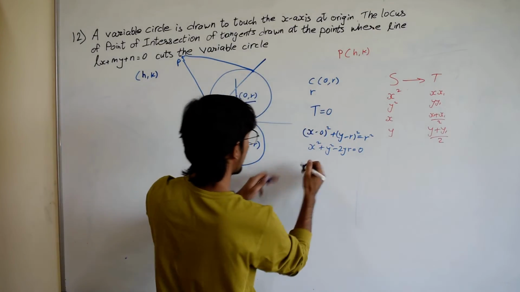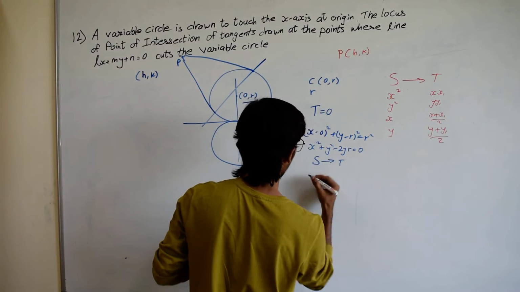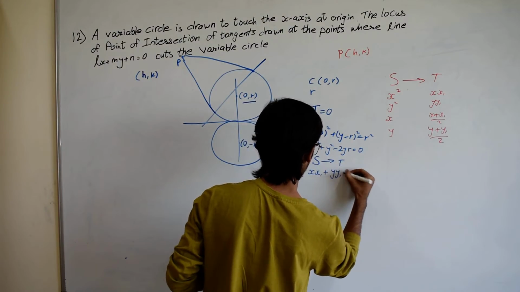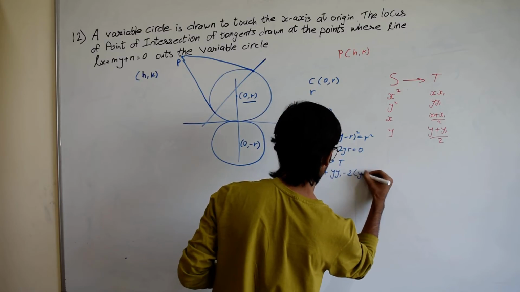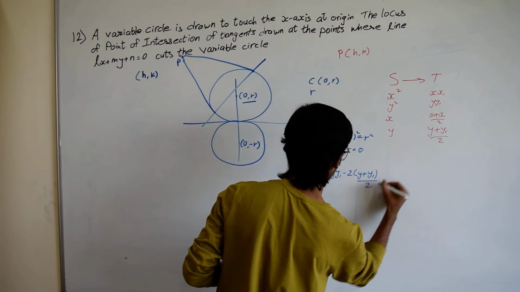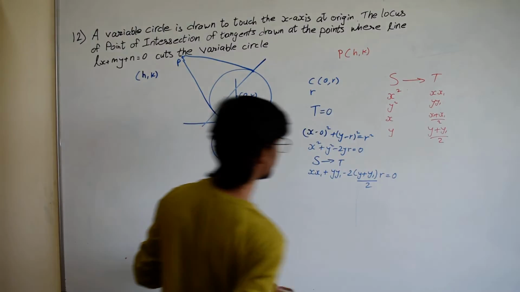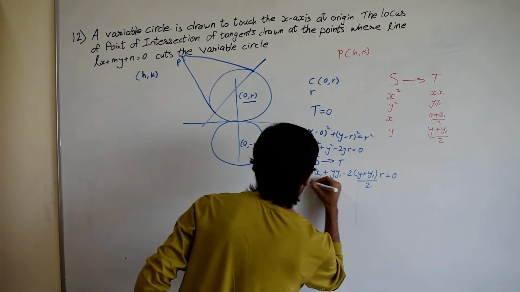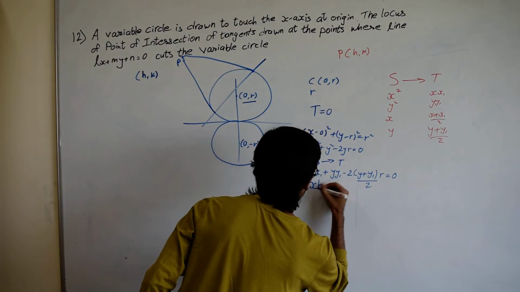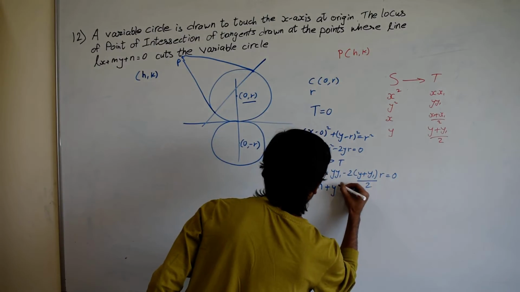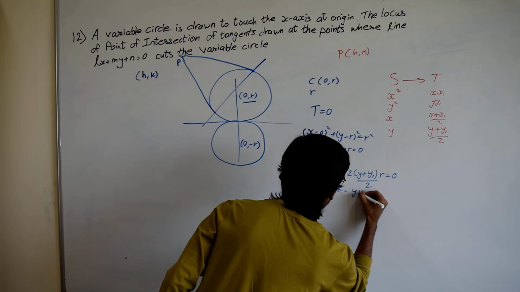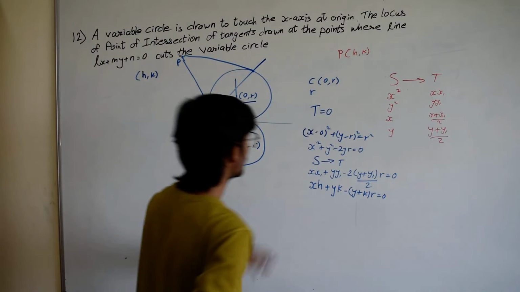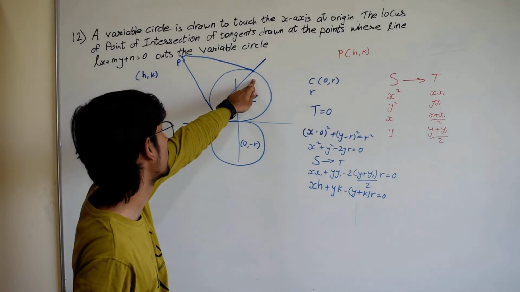By transforming, we get x x1 plus y y1 minus 2 times (y plus y1) by 2 into r equals 0, where x1 is h and y1 is k. So the equation becomes xh plus yk minus (y plus k) into r equals 0. This is the equation of the chord that we found.